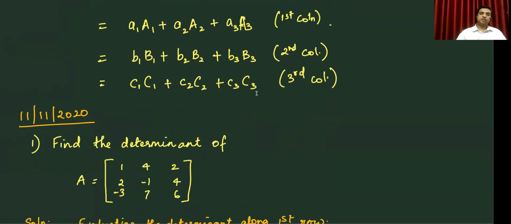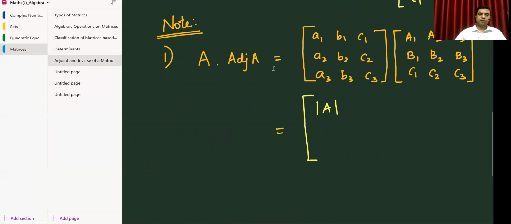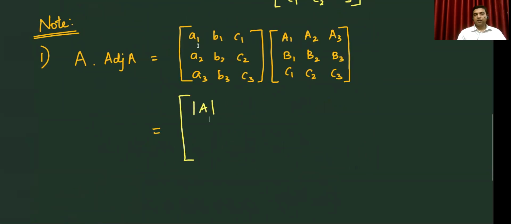That gives you the determinant. Next, A1, A2 plus B1, B2 plus C1, C2. What will this give you? The elements of the first row multiplied by the cofactors of the second row. A2, B2, C2 are cofactors of the second row. So elements of a row multiplied by cofactors of another row gives 0.